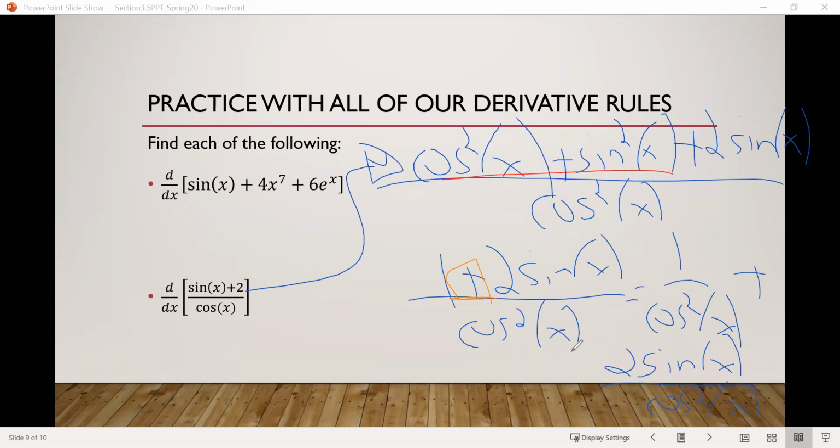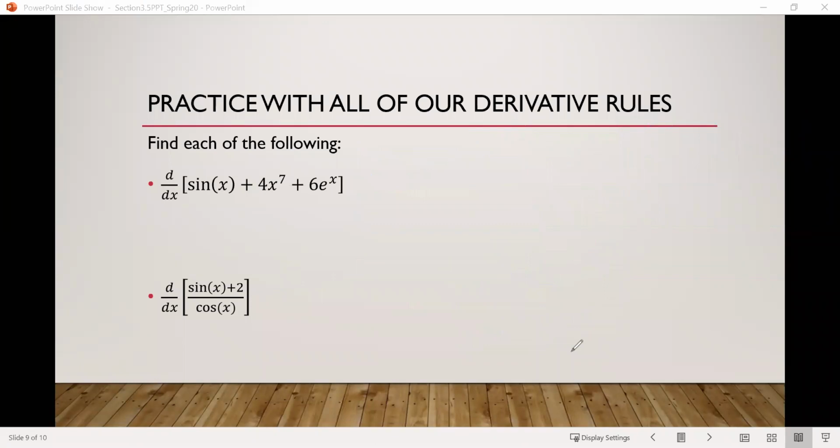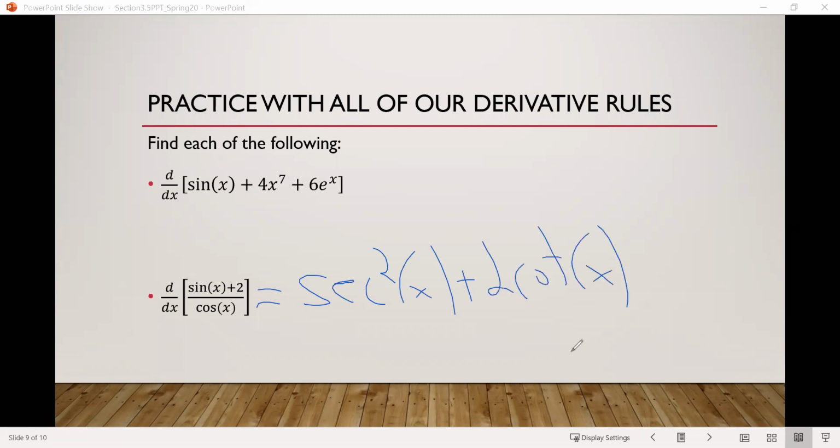Okay, so just taking that fraction and breaking it into 2 parts, and I'm sorry that this is getting really sloppy. But if we do that, then we end up with, as our derivative here, secant squared of x plus 2 times cotangent of x times secant of x.